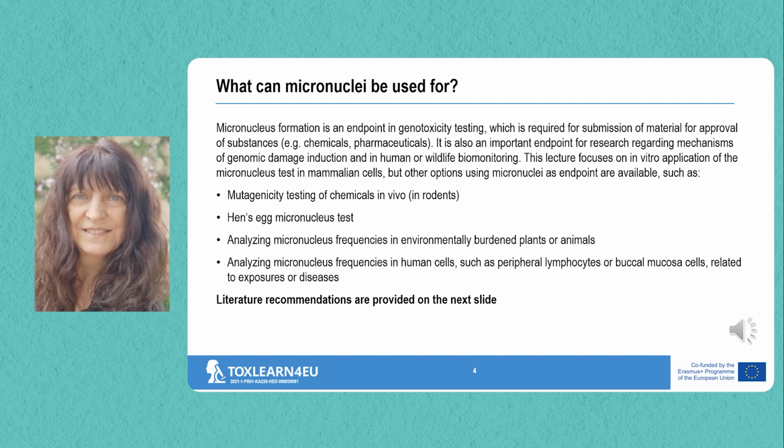And it is possible to analyze micronucleus frequencies in human cells, such as peripheral lymphocytes or buccal mucosa cells. The choice of the cell type can be related to the exposure, or it can be based on diseases. Literature recommendations for each of these options will be provided on the next slide.